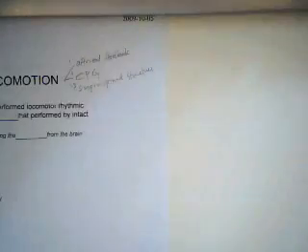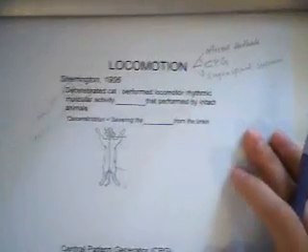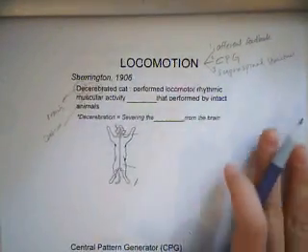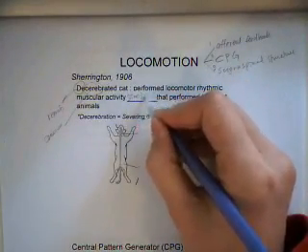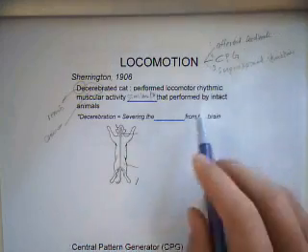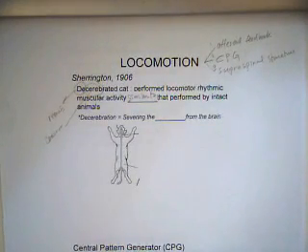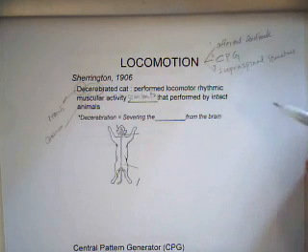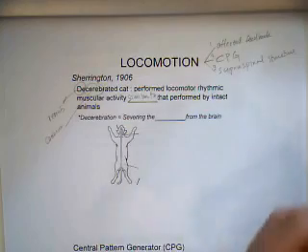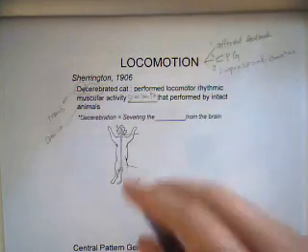So what Sherrington found was that the rhythmic muscular activity was similar to that performed by intact animals, and he thought maybe some of the pattern generator might reside in the spinal cord.